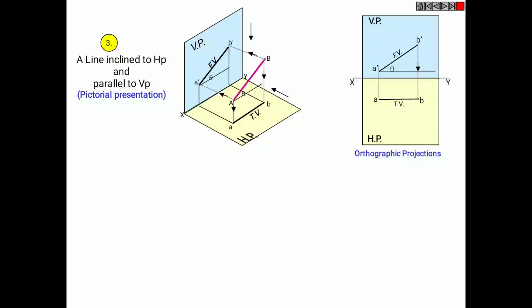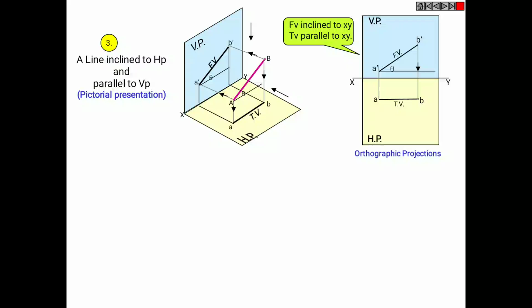You can see the front view is on VP and the top view is on HP. The actual length will be seen in your front view, but not in your top view. So, front view inclined to XY and top view parallel to XY.